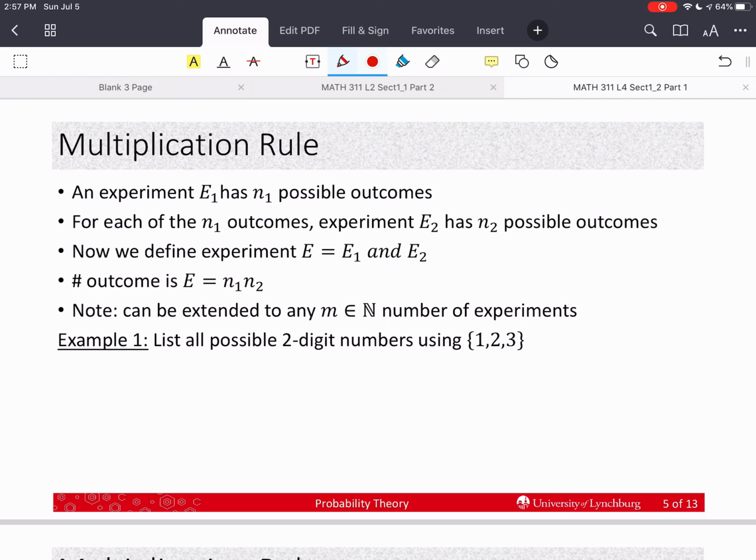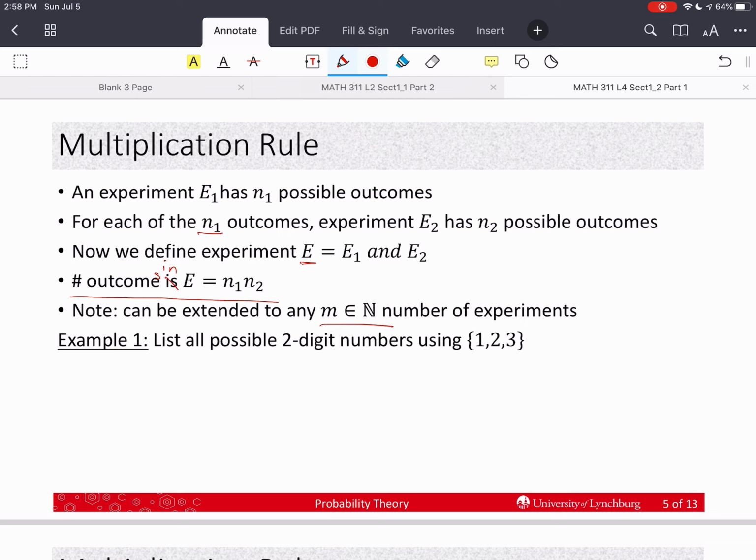Let's say we have an experiment E1 and it has N1 possible outcomes. Then after we perform experiment E1, we want to perform experiment E2. And for each of the N1 outcomes in E1, E2 has N2 possible outcomes. Now, if we define an overall experiment E as the performance of E1, then E2, then the number of outcomes in E is equal to N1 times N2, and we can extend this to any M, finite number of experiments.